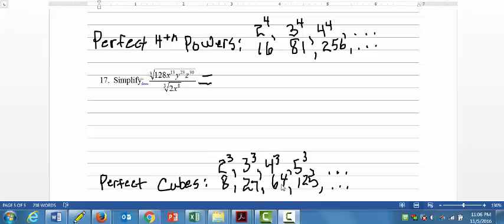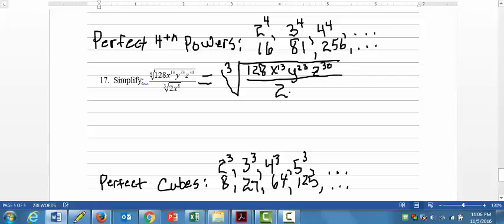But we notice with this problem, we want to first use the quotient rule, since we can actually divide that denominator's radicand into the numerator's radicand. So the quotient rule says I can divide first if that makes my work easier. So I'm going to first divide 128 x to the 13th y to the 23rd z to the 30th by 2x to the 8th.